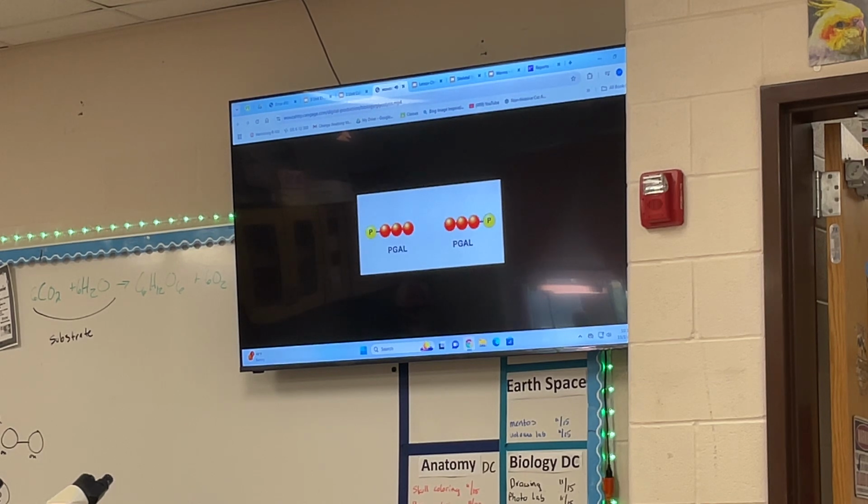Each PGAL molecule gives up 2 electrons and a hydrogen to NAD to form NADH. Then each PGAL combines with inorganic phosphate to form a molecule of 1,3-bisphosphoglycerate. Each molecule of bisphosphoglycerate donates a phosphate group to ADP to form ATP. With this formation of 2 ATPs, the original ATP debt is paid off.